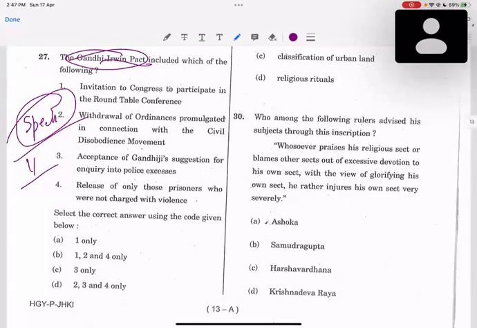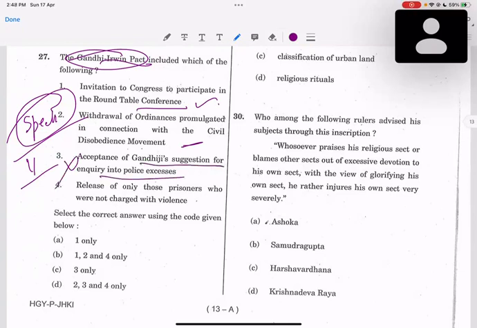So definitely its answer is: invitation of Congress to participate in the round table conference. Yes, Gandhi ji agreed. Withdrawal of the ordinance promulgated in connection with the civil disobedience movement. We are not sure about this, because it was dicey, yes and no. Acceptance of Gandhi's suggestion for an inquiry into police excesses.